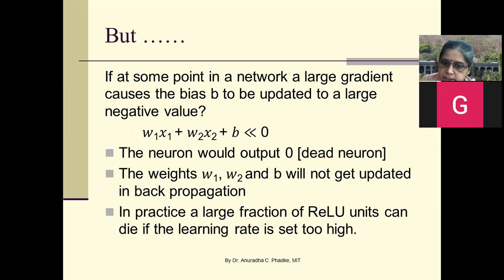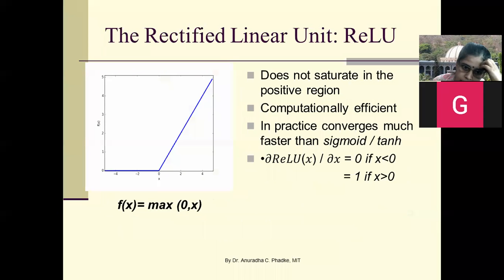So in practice, a large fraction of ReLU units can die if the learning rate is set too high. When your learning rate is very high, there is a possibility that you get a negative output, and when the output is negative, the ReLU function gives you 0 output, and in this case the gradient value will be 0, and again there will be the problem of vanishing gradient.